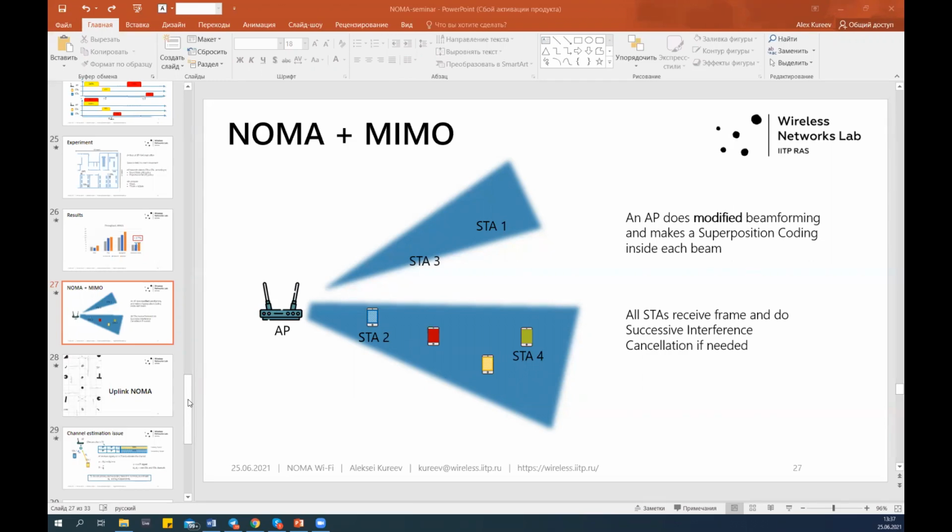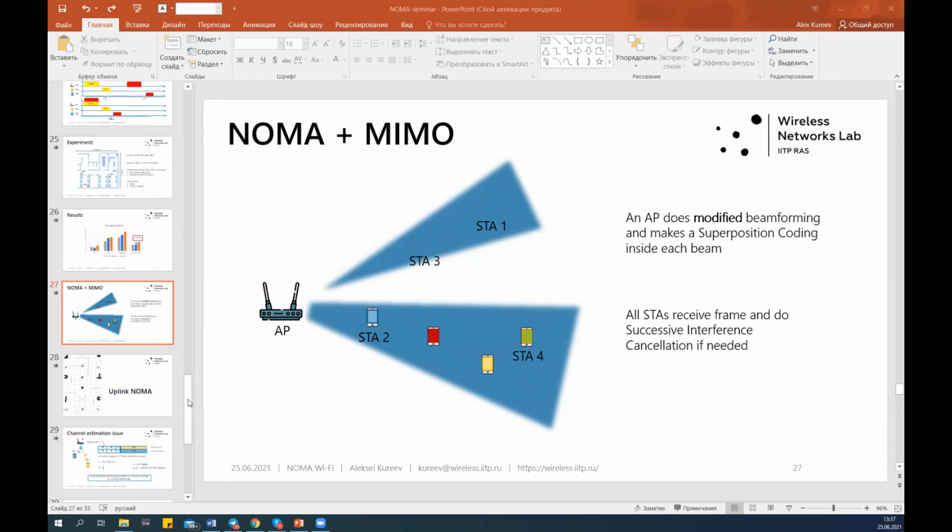You personally propose to use NOMA in Wi-Fi. So what about other technologies, and what about standardization of NOMA in Wi-Fi?